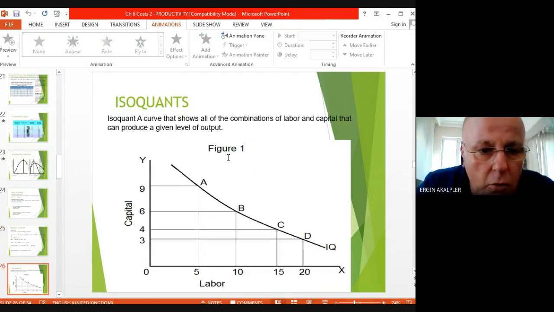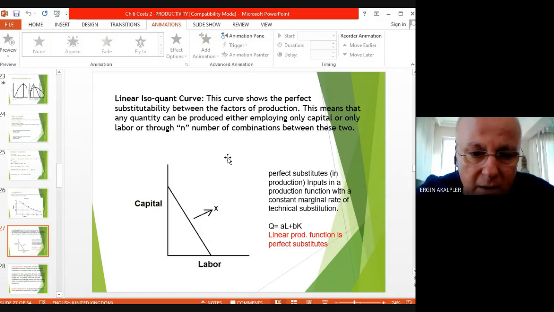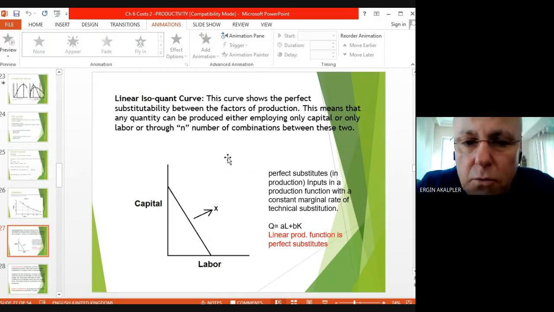The isoquant curve I have already explained to you. The linear isoquant curve is given in this direction; if it is a linear curve, it intersects capital and labor, not nonlinear, as given in the former example. The curve shows perfect substitutability between the factors of production.